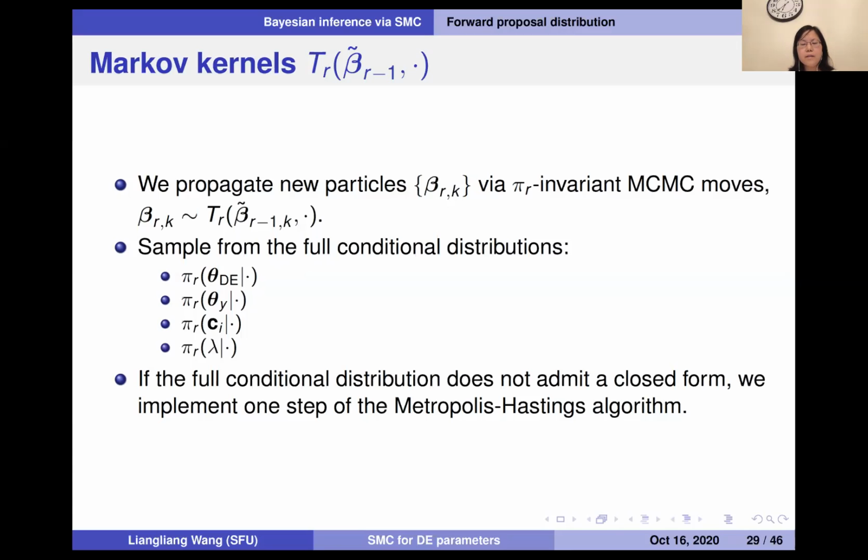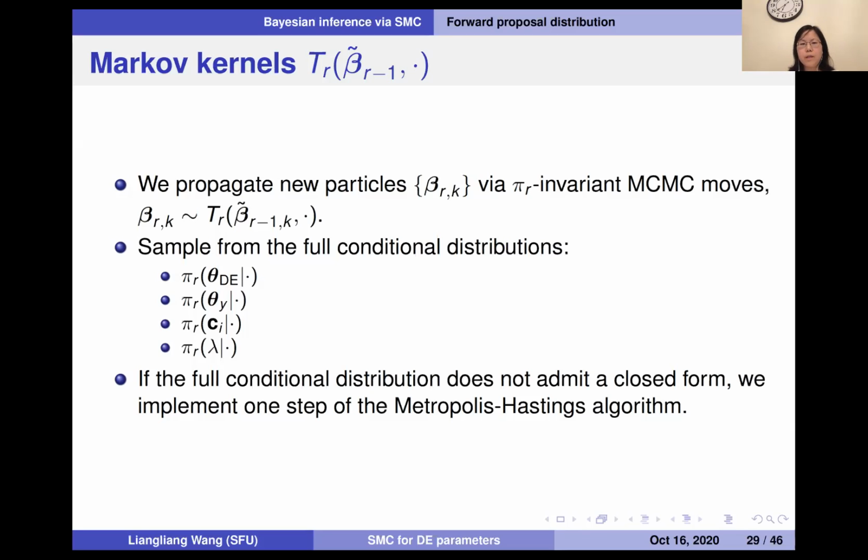If it has a closed form, for example, a normal distribution, we just sample from it. Otherwise, if there's no closed form, we implement one step of the Metropolis-Hastings algorithm. That is, we propose a new value for this parameter, and we accept it based on the Metropolis-Hastings ratio.